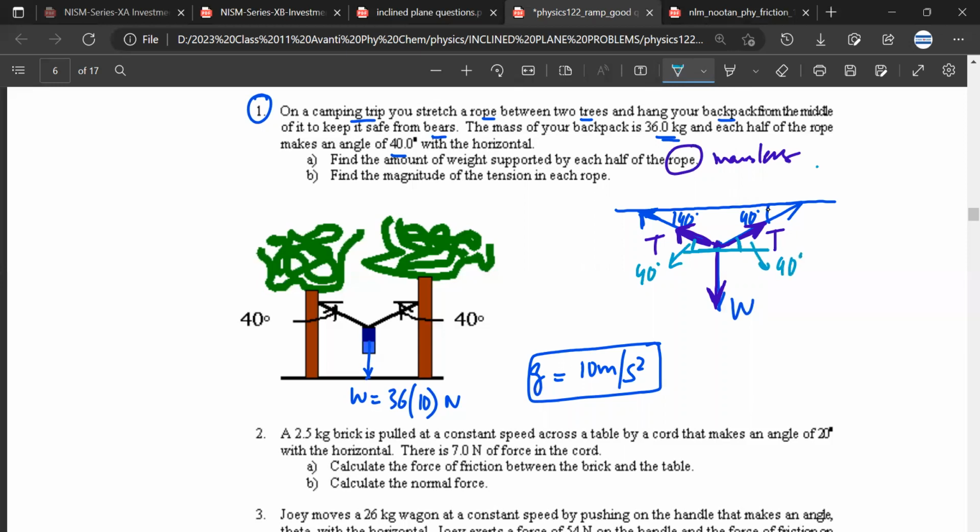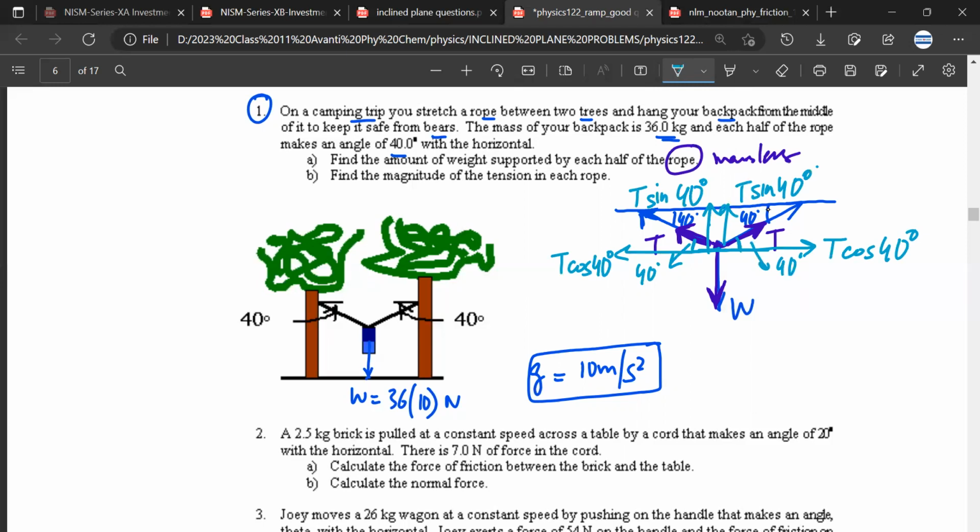So the component of T in this direction would be T cos 40 degrees. And the component on this side would be T cos 40 degrees, and the two components of T sine 40 degrees would be pointing in the upward direction.